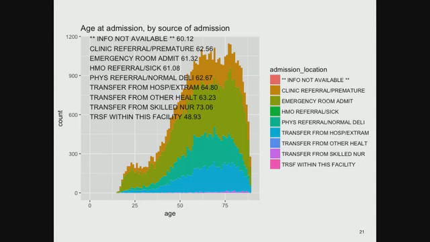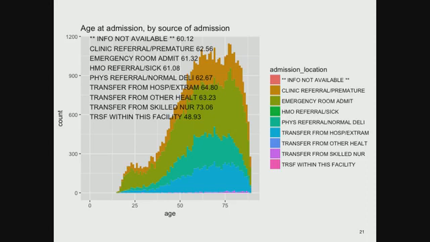What about where you came from? Were you referred from a clinic, or were you an emergency room admit, or were you referred from an HMO, et cetera? And other than transfer from a skilled nursing facility or transfer within the hospital, it doesn't make much difference.